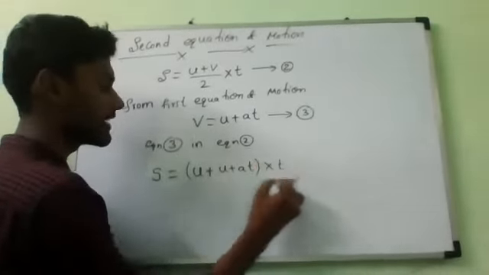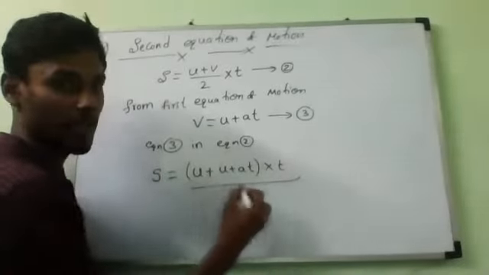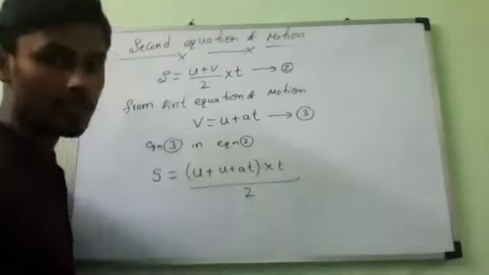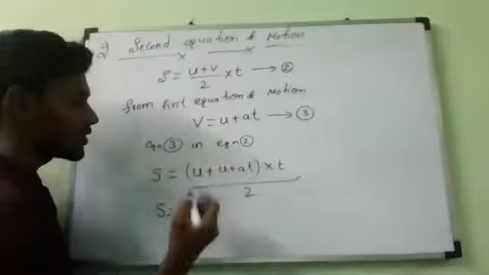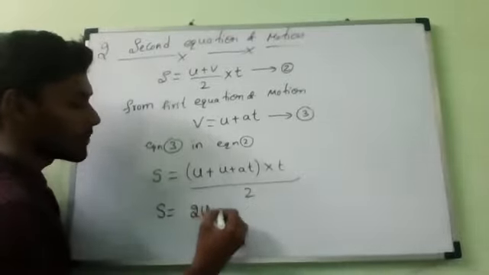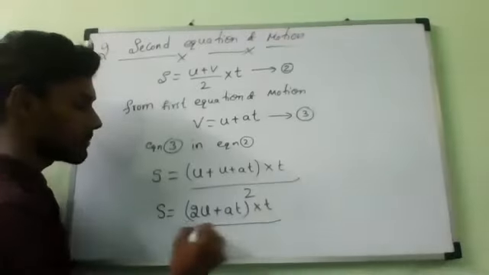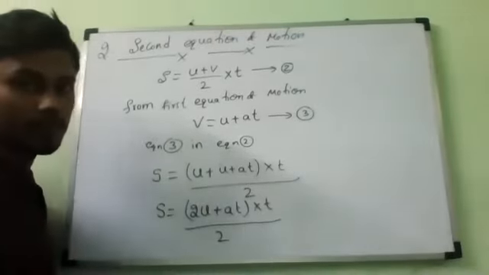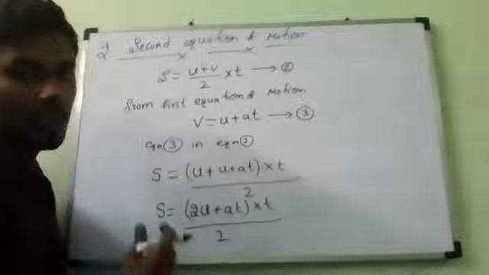Into T divided by 2. Yes or not? Now U plus U, 1 plus 1, 2: 2U plus AT into T divided by 2. Is it right or wrong?